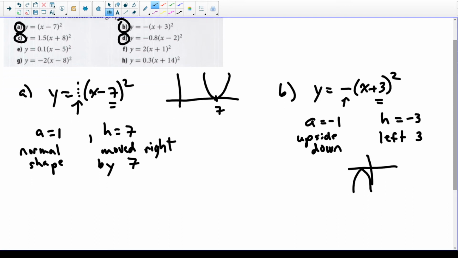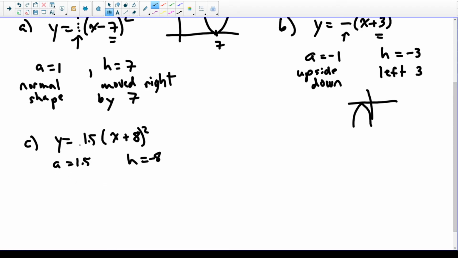So for C, we have y is equal to 1.5 (x plus 8) squared. And our a value is 1.5. Our h value is negative 8. That means that the parabola for the a value got stretched. This is a number greater than 1. It's a decimal greater than 1.